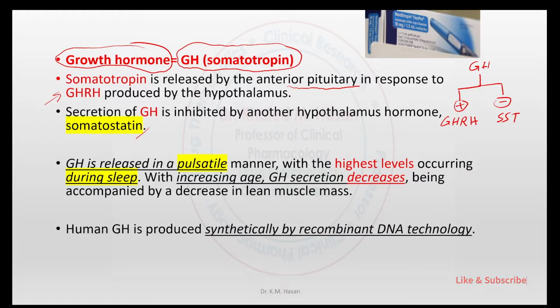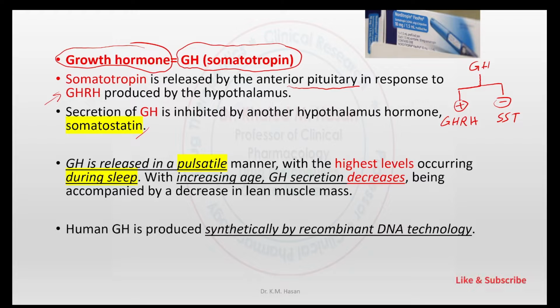If growth hormone increases, we see acromegaly in adults or gigantism in children. If growth hormone decreases during childhood, we see dwarfism, or short stature.